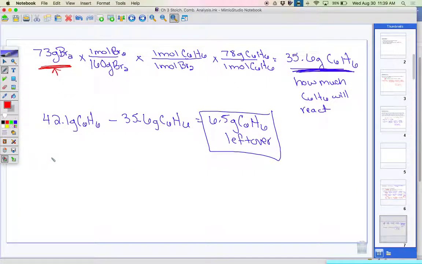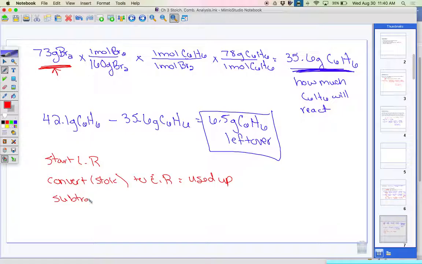My steps for that are to start with the limiting reagent, and then I do stoichiometry to the excess reagent, and that equals how much was used up. And then I subtract that amount that was used up from the original amount of the excess reagent.